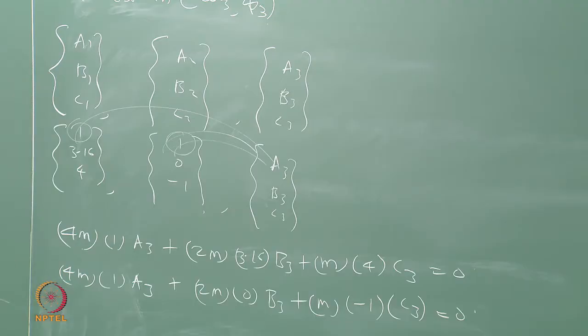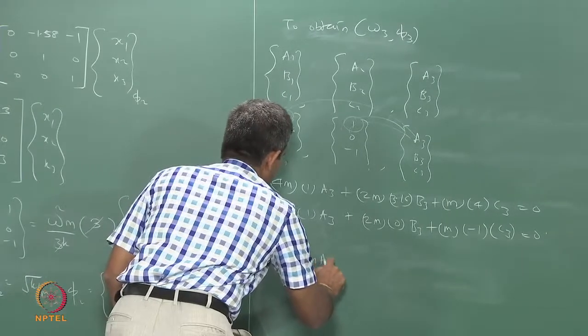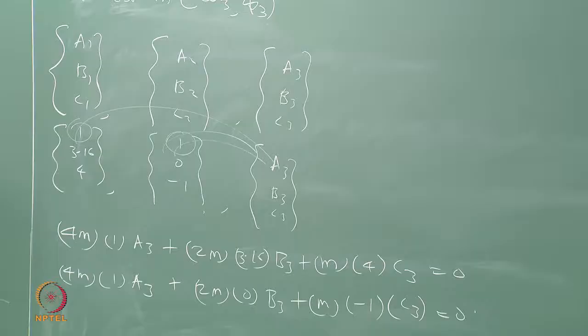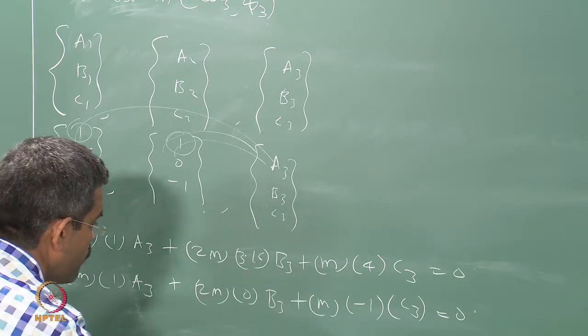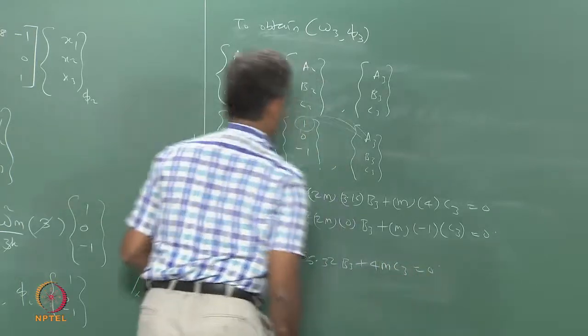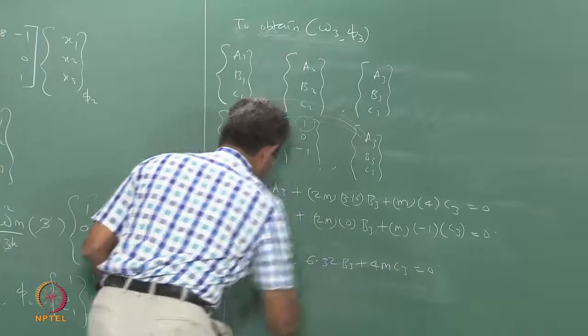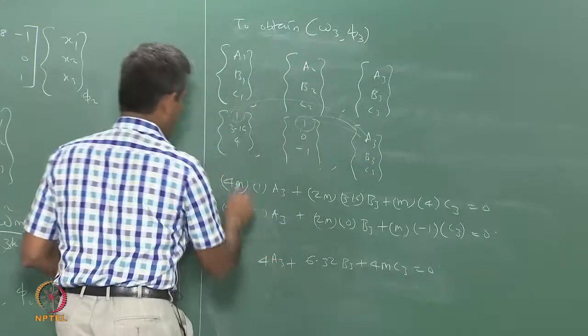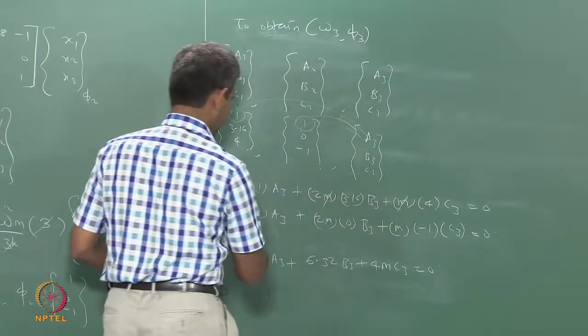I have got 3 unknowns, A3, B3, C3, they are relatively placed. I have got 2 equations. Let us first get these equations: 4m A3 plus 6.32 B3 plus 4m C3, and here it is m. Okay, I can take away m everywhere.